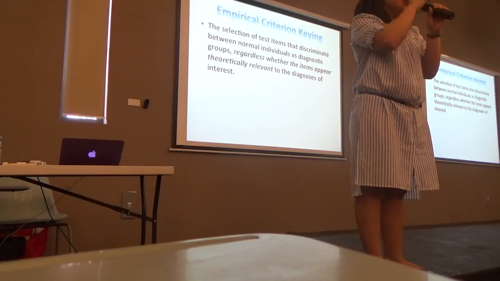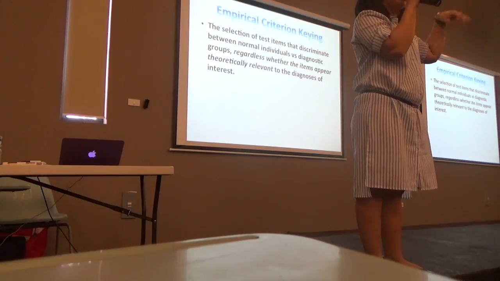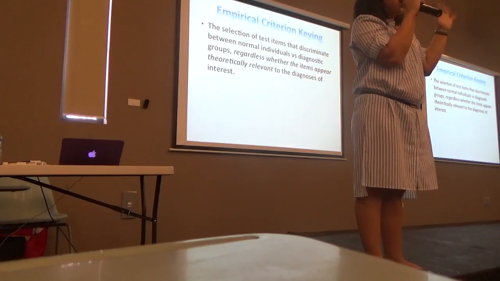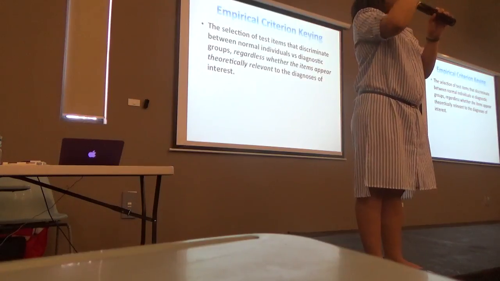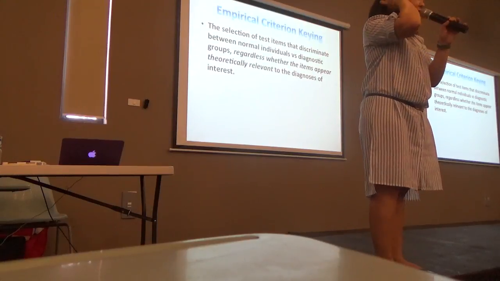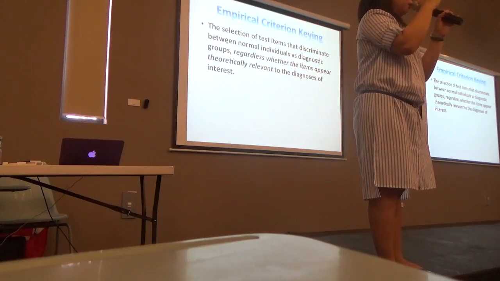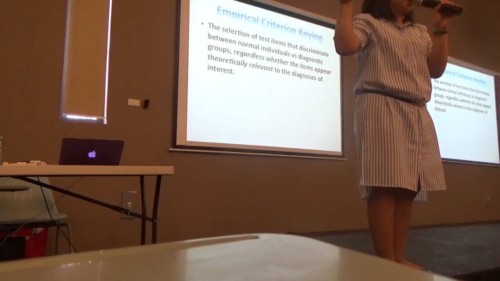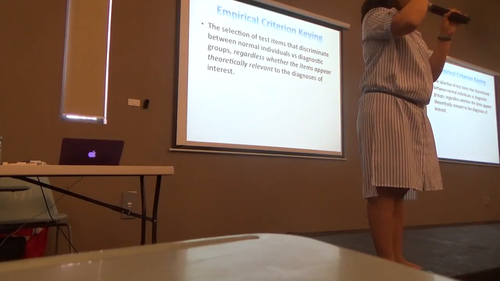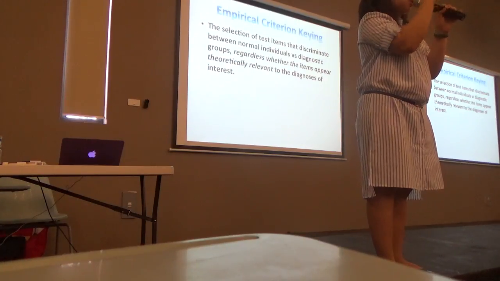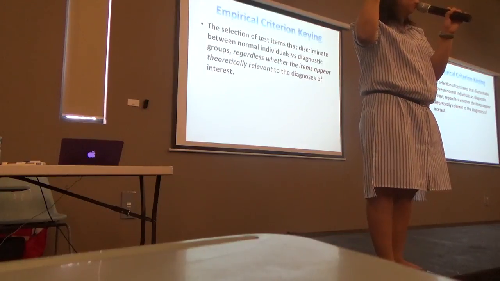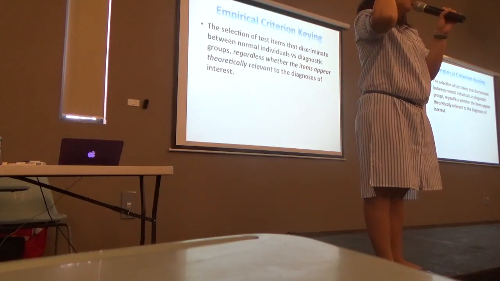Is this item theoretically predictive of anxiety disorders? Hindi, di ba? But after administering to people who have, for example, anxiety, this particular item predicts anxiety disorder. In empirical criterion keying, even if it's not based on theory, pero dinidiscriminate niya itong item na to, really discriminates anxious people from normal people, I would take it. I would include that item.